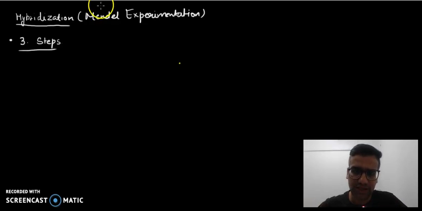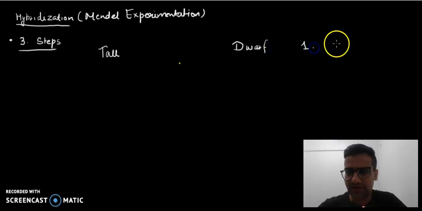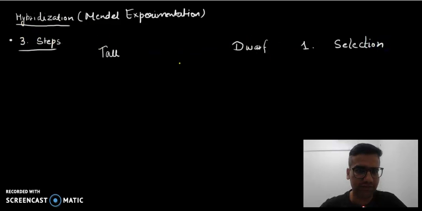Mendel selected two plants by pure line selection, one tall and one dwarf. This is the first step, selection of the parent plant.